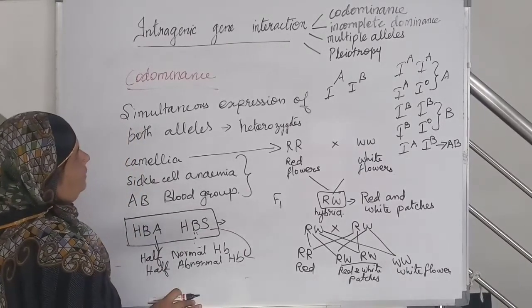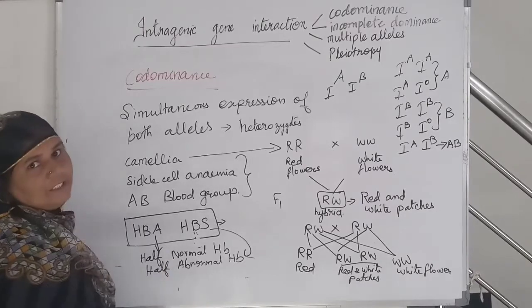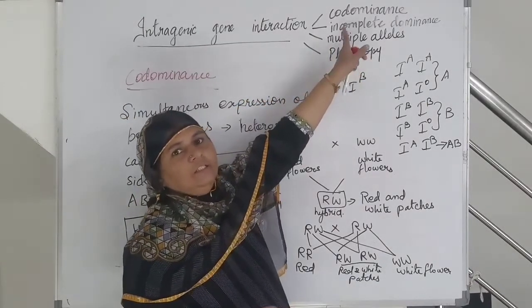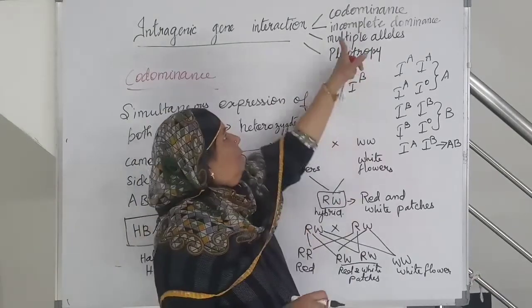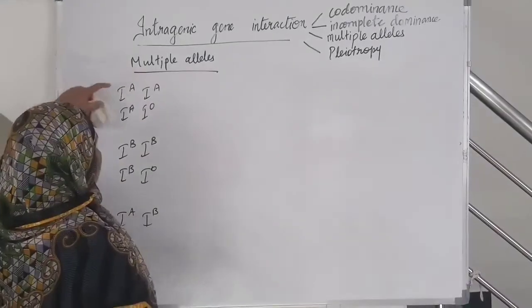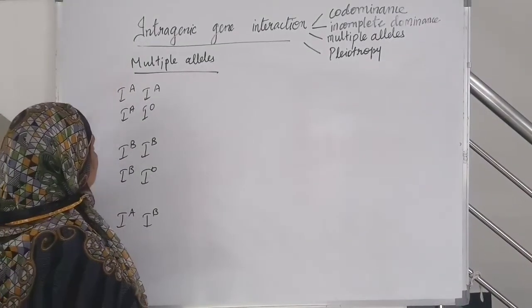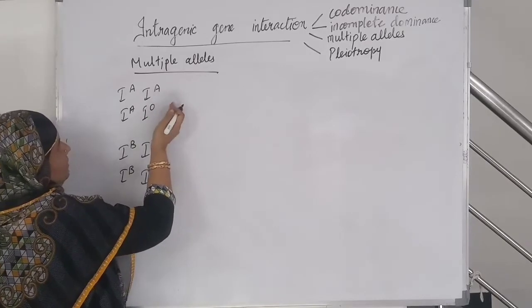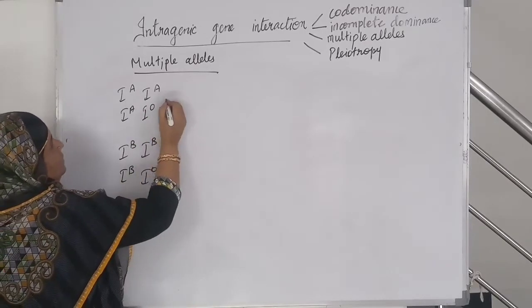Now, we will see multiple alleles. This is not given in your syllabus, even though it is not given, I just want to explain you the multiple alleles. In multiple alleles, the best example I have taken is the blood group of human beings.